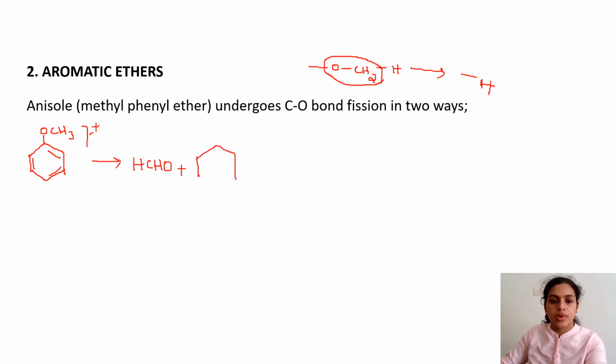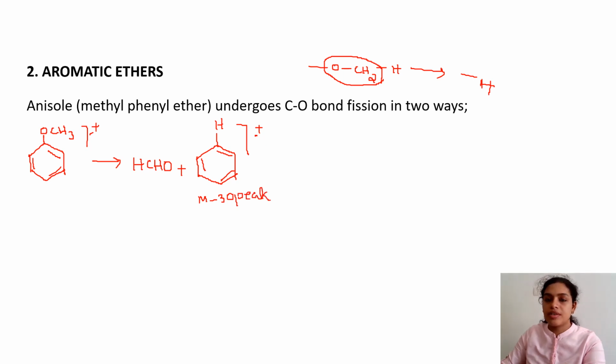The neutral formaldehyde molecule is eliminated and you'll get one hydrogen present over there, and the dot and plus remain because formaldehyde, a neutral molecule, is eliminated. So the remaining fragment will have both dot and plus.